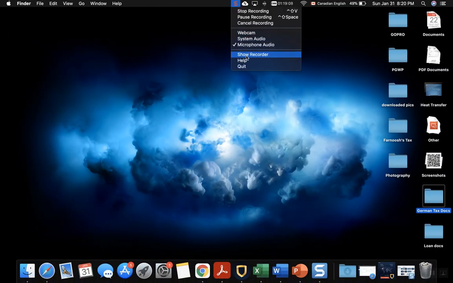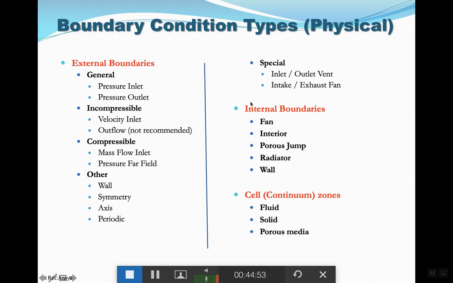Now that we have talked about almost all of the common and conventional types of boundary conditions, before moving on to our next subject, we actually have to talk about one boundary condition that is mentioned here, which are internal boundaries, and for which wall also could be one of the internal boundaries, but the one that I wanted to focus on as the last subject in boundary conditions is the interior boundary condition.